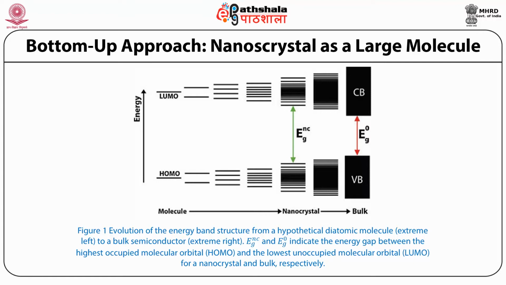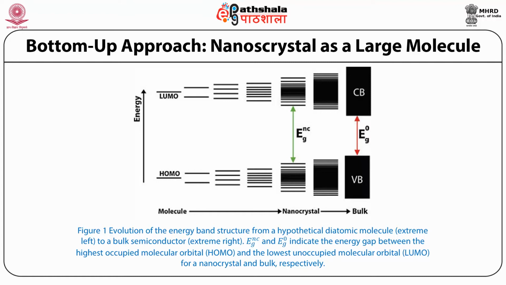Thus, its electronic structure can be described by energy bands having high density of energy levels at intermediate energy values and discrete energy levels close to the band edges, wherein MO states have low density. In addition, the HOMO-LUMO energy gap is greater than that for bulk and also size dependent, increasing with decrease in nanocrystal size.